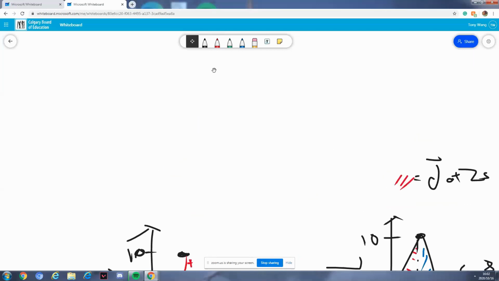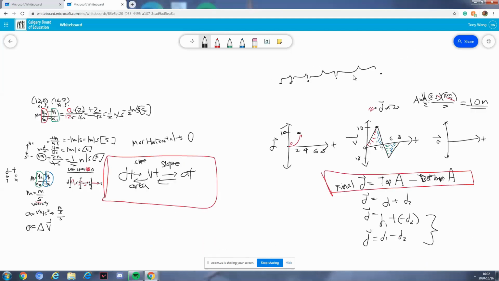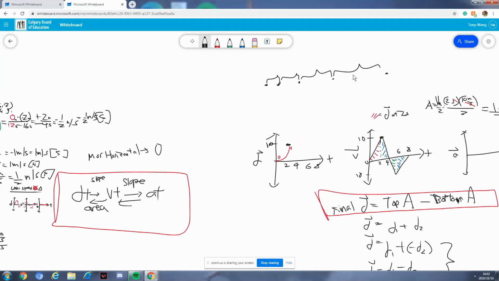A good way to think about this is if you run. This represents someone running. They can go this much and this much and this much and this much. So you cover more distance per time if something's getting faster.